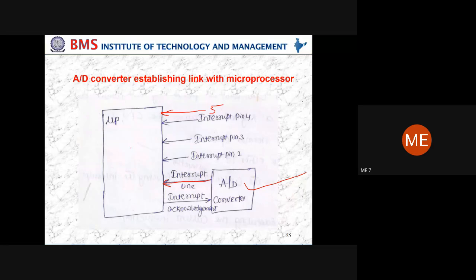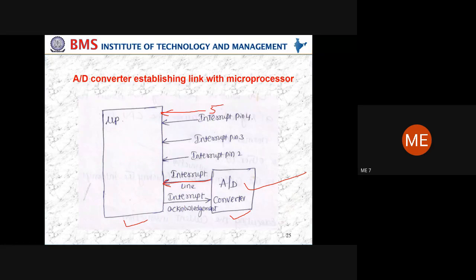If the microprocessor sends the interrupt acknowledgement, then only you can establish the communication between the external device and the microprocessor.